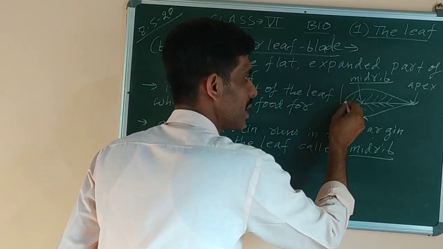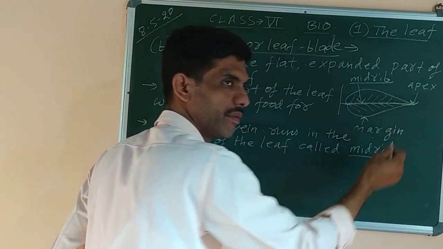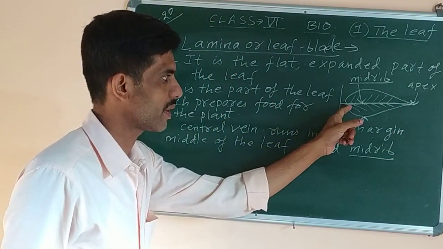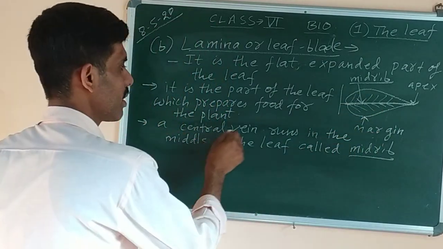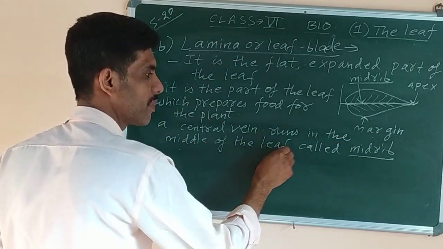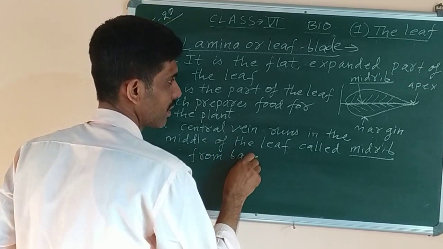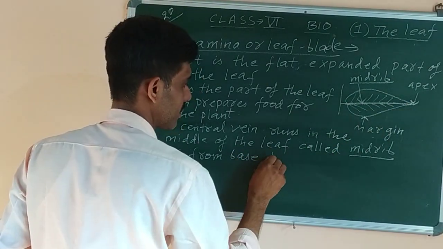So what is midrib? It is the name given to the central vein which runs on the surface of lamina. A central vein runs in the middle of the leaf called midrib from the base of the leaf to the apex.